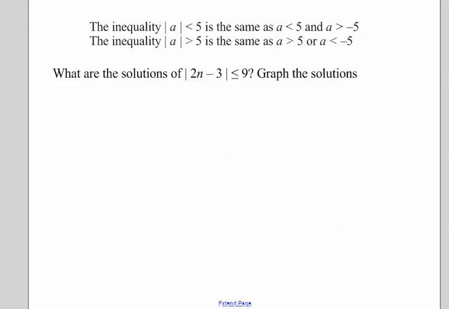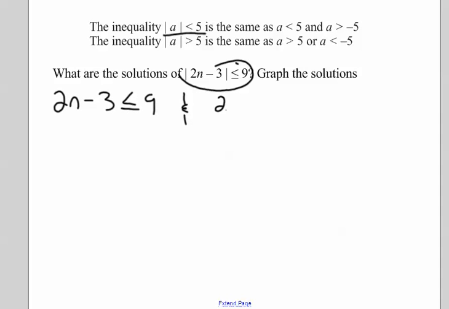What are the solutions of the absolute value of 2n minus 3 is less than or equal to 9? Well, this one matches the "and" case, so I'm going to use that. I'm going to set it up as 2n minus 3 is less than or equal to 9, and 2n minus 3 is greater than or equal to negative 9.